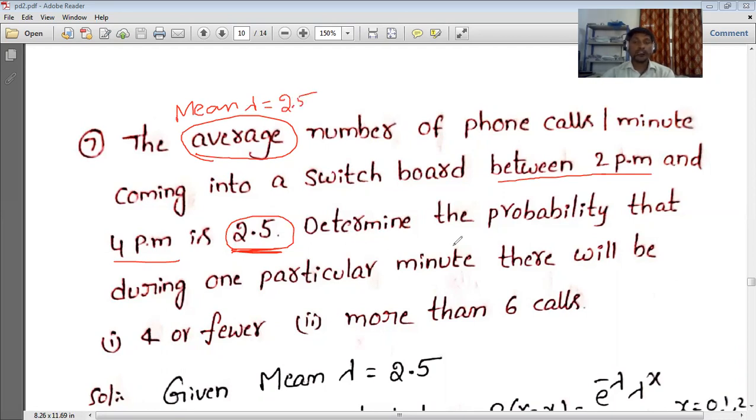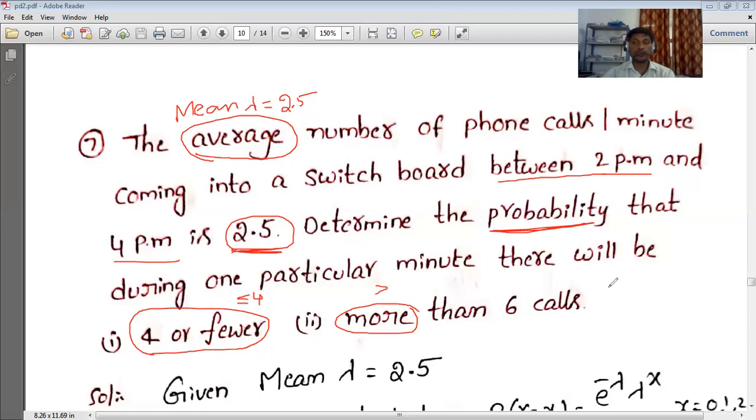Next, we have to determine the probability that during one particular minute there will be 4 or fewer. Few is nothing but some, not more than. So less than or equal to 4. And next, more than, which represents greater than.